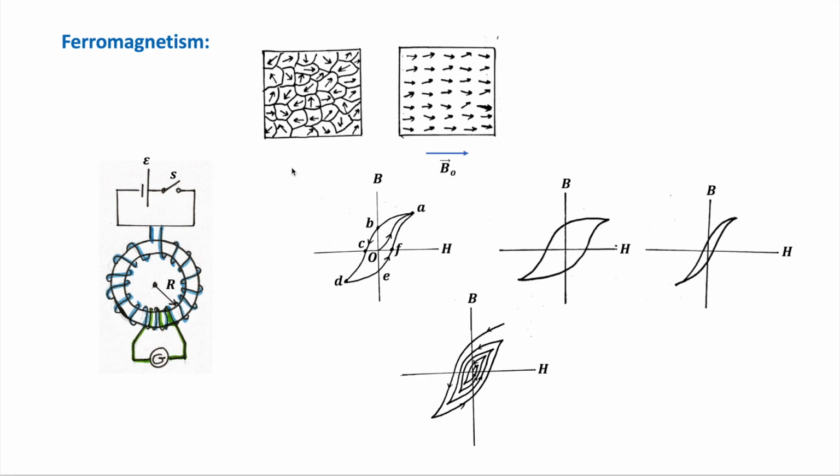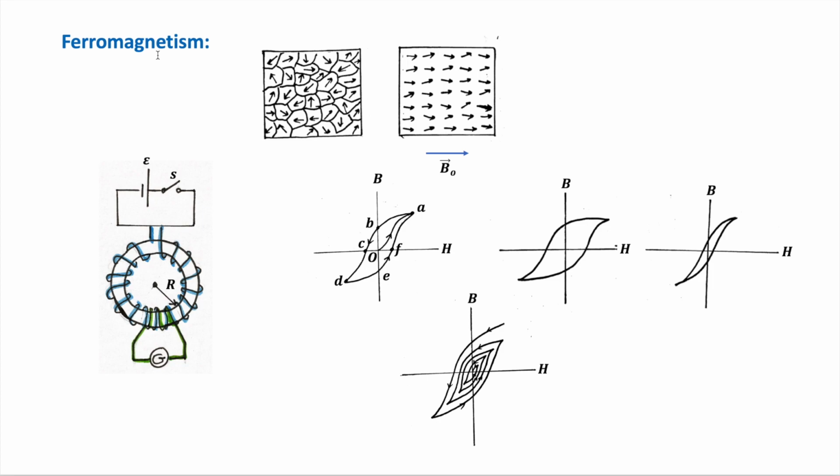So we will now discuss ferromagnetism. Some crystalline materials that have permanent magnetic dipole moments exhibit strong magnetic fields and are known as ferromagnetic materials. Examples are iron, cobalt, and nickel. The magnetic moments in such materials tend to align parallel to each other even if a weak external magnetic field is applied.